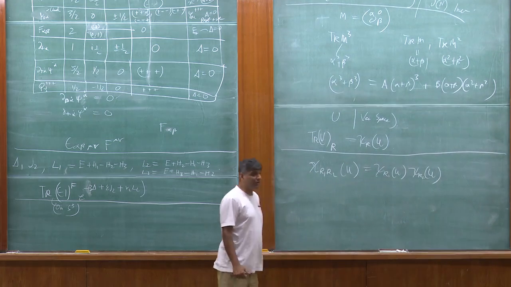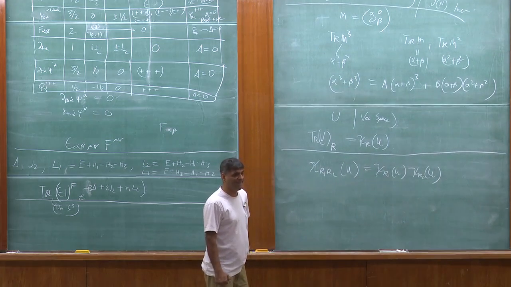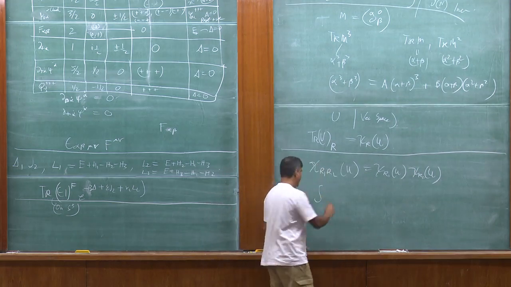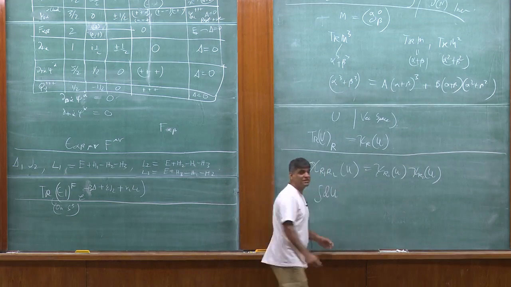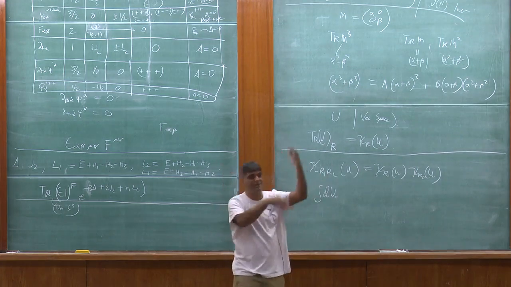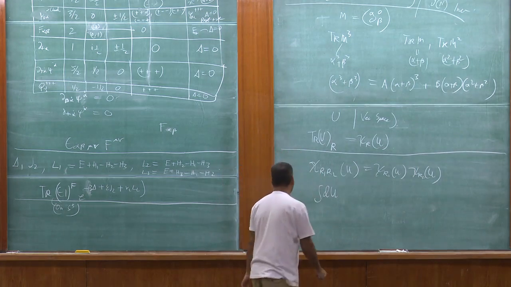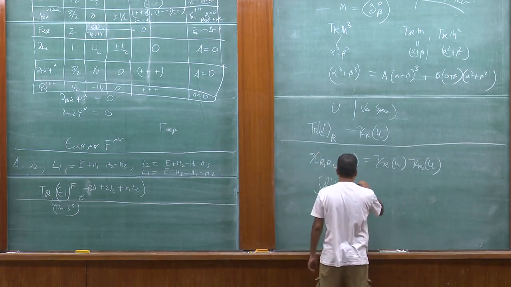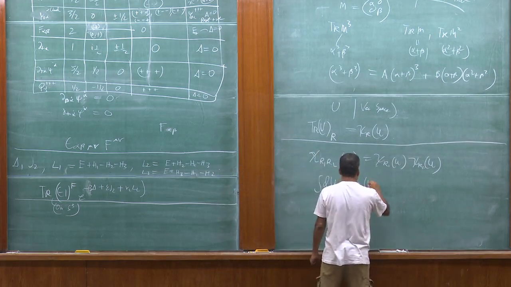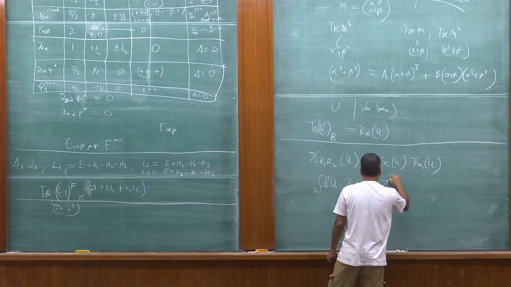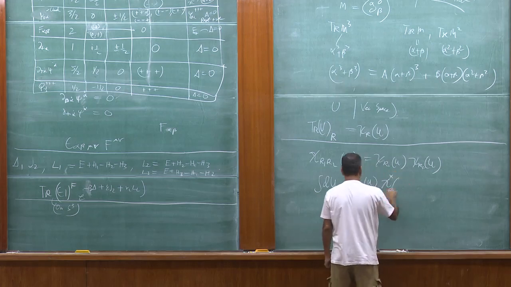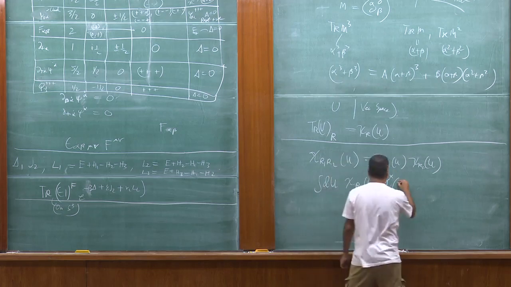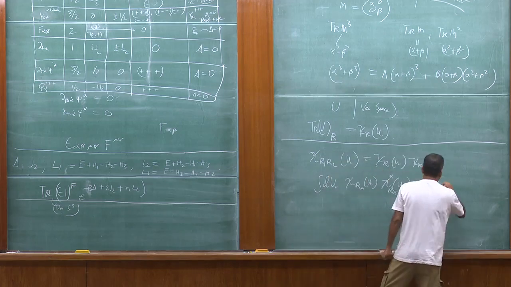The second property that is really key is the orthogonality of characters. There exists a measure called the Haar measure, the most round measure, under which characters are orthogonal. The integral of chi R of U times chi star R prime of U, let's say Rm, Rn, these are irreducible representations now, is equal to delta Mn.